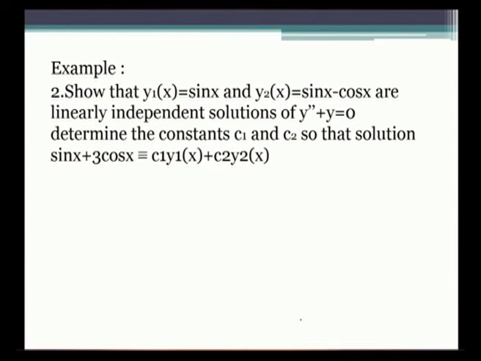In this example we will see that the solutions are linearly independent, so that the constants C1 and C2 can be determined.